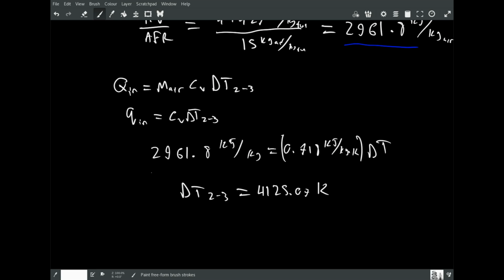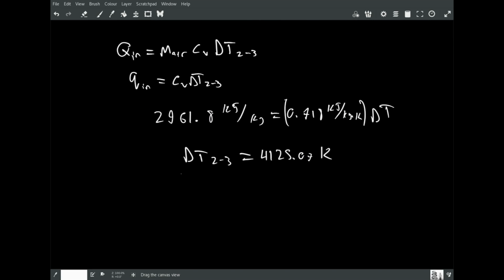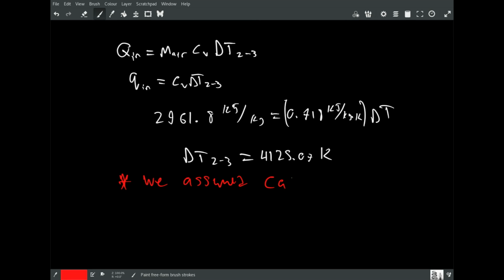So that's how much temperature change we get from our heat addition into the system. We're not considering the heat capacity of the fuel and the combustion products in addition to this, so we will have some additional changes associated with that. We're going to have different species, we have a chemical reaction going on, and some chemical reactions will actually take heat in. So this temperature is likely to change. In addition to that, as an important side note, we assumed calorically perfect.